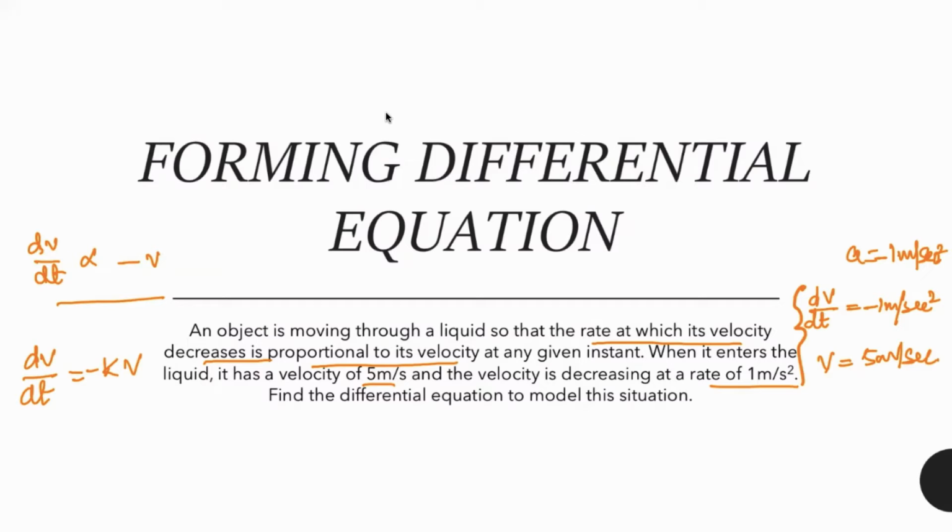What we know over here is that dv over dt is -1, -k, and velocity is 5. Which implies that the value of k is 1 by 5 or 0.2. So now I can read out this differential equation as dv over dt equals negative v by 5.